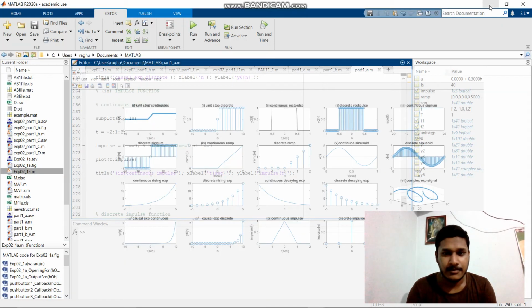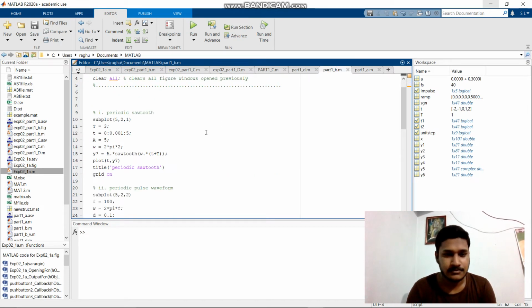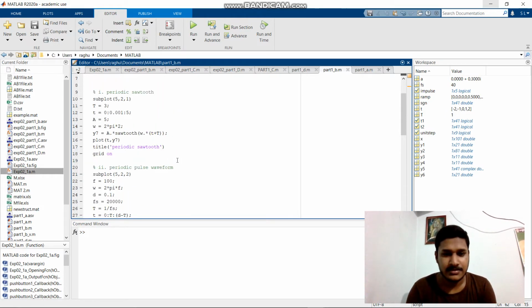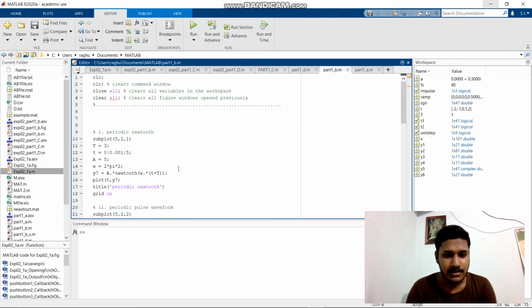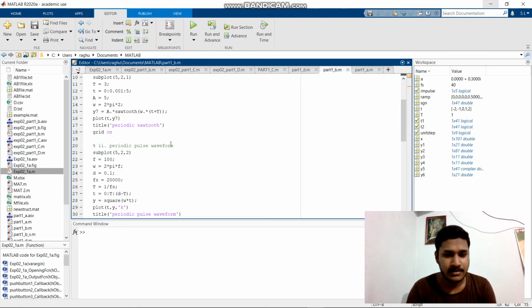Coming to the next part, we are plotting periodic functions. A periodic function means that its value repeats after a specific value of input. For example, the period of sin(at) is 2 pi by a, because its values repeat every 2 pi by a.